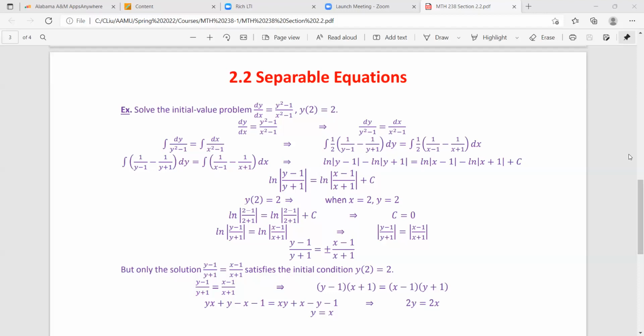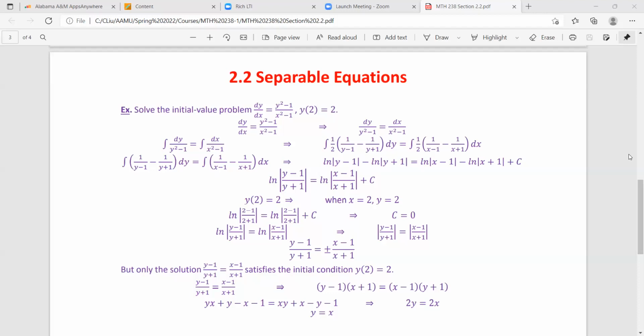And then you can do a little simplification for the result. If you combine the difference of the two natural logs, you just divide the two things. So on the left hand side, you're going to get the natural log of absolute value of y minus 1 over y plus 1.